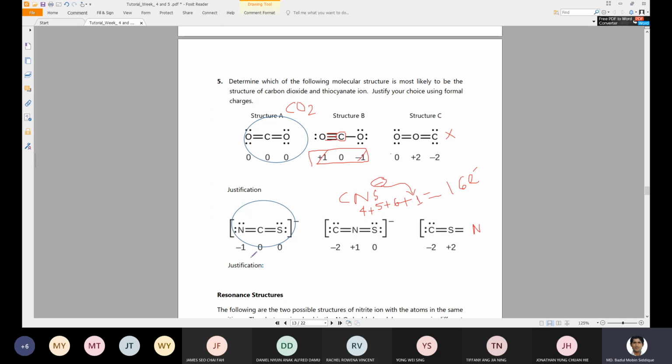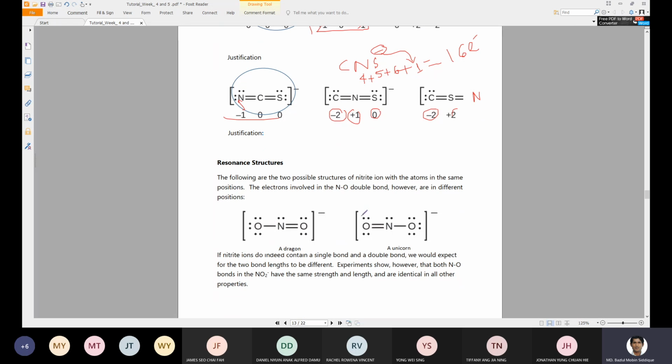And we found out which one has the minimum charge, or which one is the smallest charge associated. In all these places we see -2 charge, +1, -2, +2. But for this case, here it is -1, 0, 0. So this is the lowest charge. Moreover, nitrogen is more electronegative than all of them. So the negative charge is associated with this electronegative atom, so this is more stable this way.